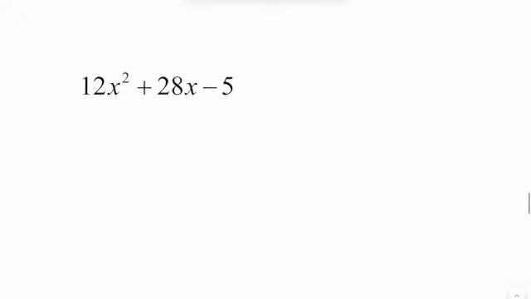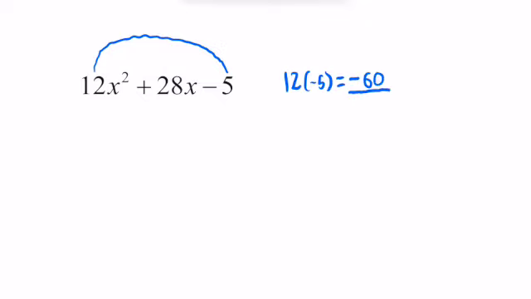Here we start with 12x squared plus 28x minus 5. So to begin the problem, we take our first coefficient and multiply it by our constant term. 12 times negative 5, we get a negative 60. Now we need to think of multiplying to be negative 60 and adding up to a positive 28.